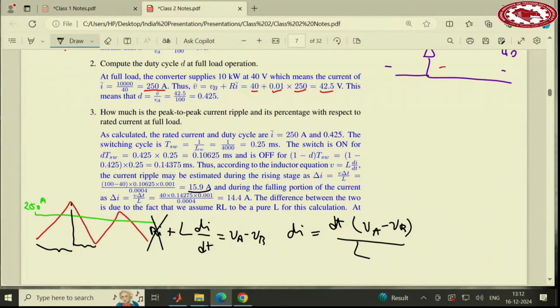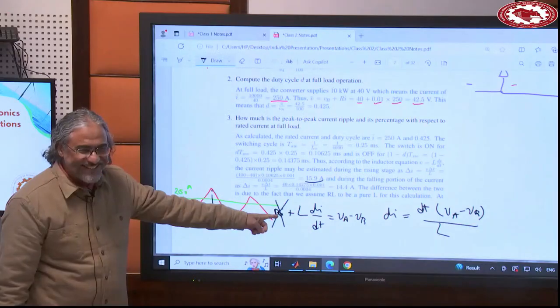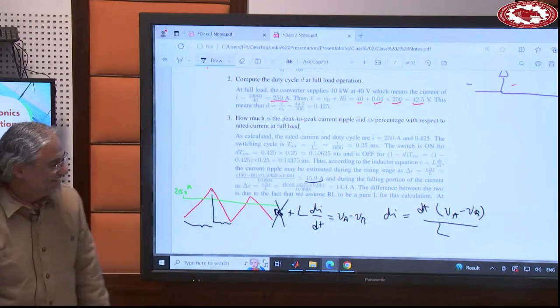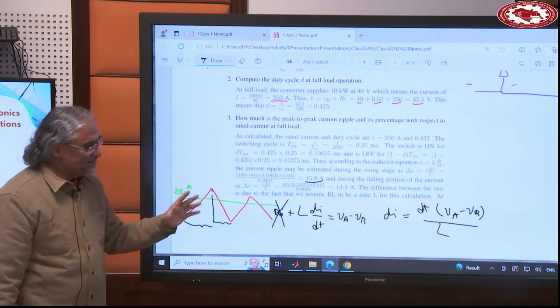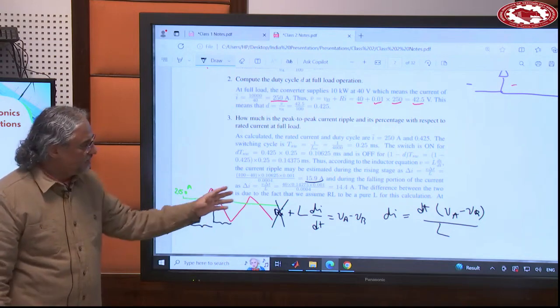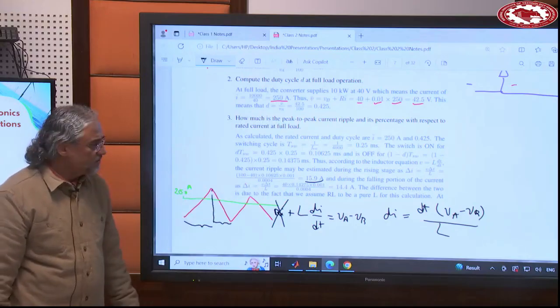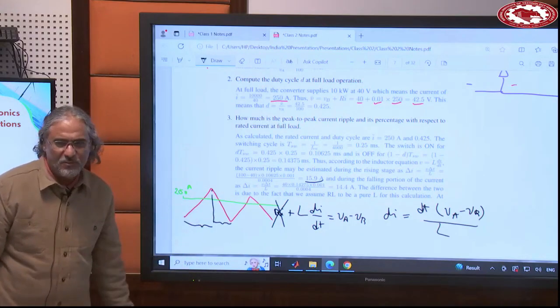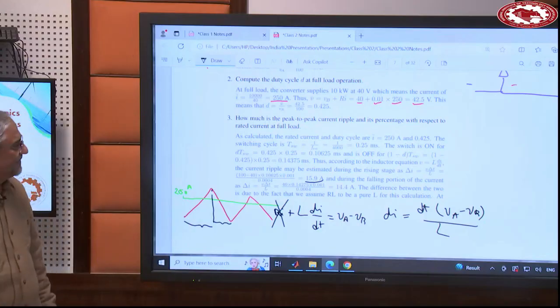It's still changing. But the reason is because we ignore that term Ri. Right? So if you are okay with this level of error, 15.9, 14.4, you can say 15 is a good average of the two. So peak to peak is 15. Okay.